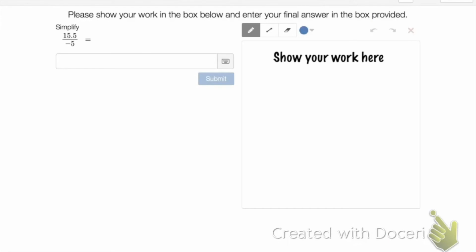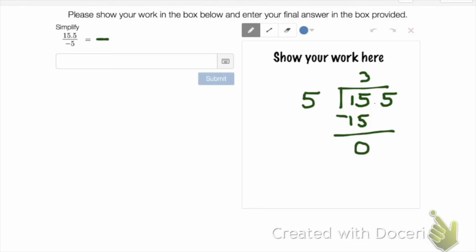Let's practice this one. If you have 15 and 5/10 divided by negative 5, positive divided by negative, the answer will be a negative answer. So 15 and 5/10 is going to go under the bar, and 5 is going to go outside. How many times does 5 go into 15? 3 times, right? 3 times 5 is 15. 15 minus 15 is 0.